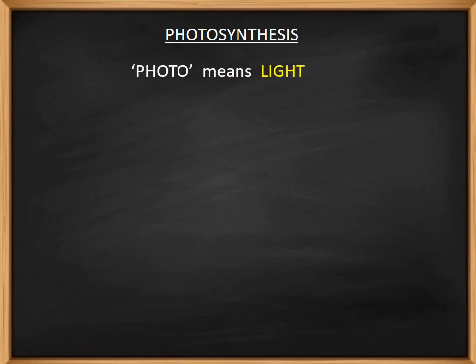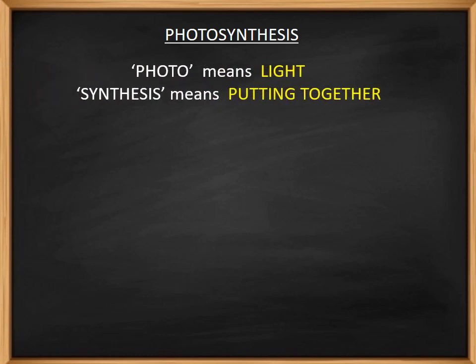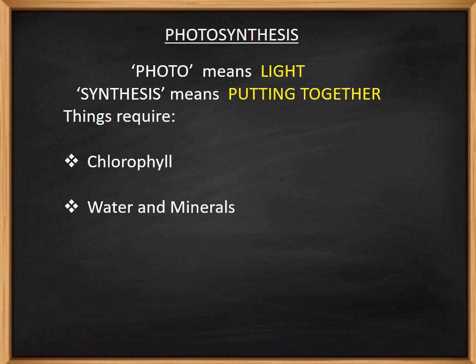Yes, right. The process by which plants prepare their food is called photosynthesis. Photo means light and synthesis means putting together. So the things that they require are chlorophyll, water and minerals, carbon dioxide and sunlight.